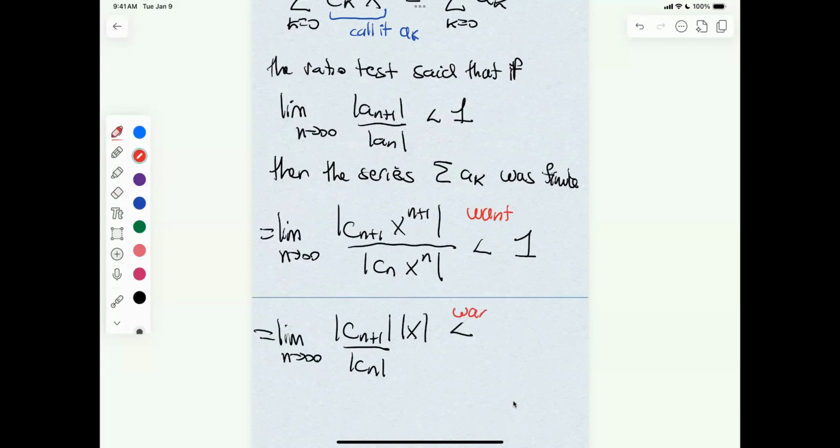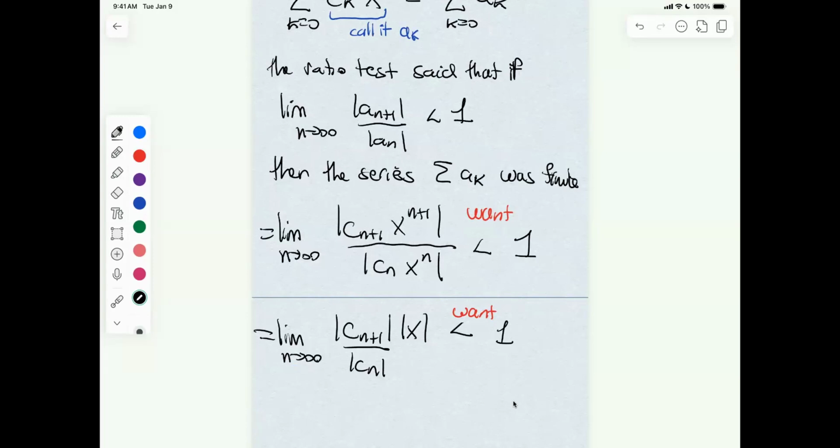Because if I know that this is less than one, then I would know that the series, that particular sum, is finite. And x, this is a limit in n, right?